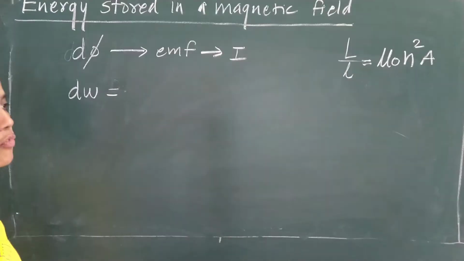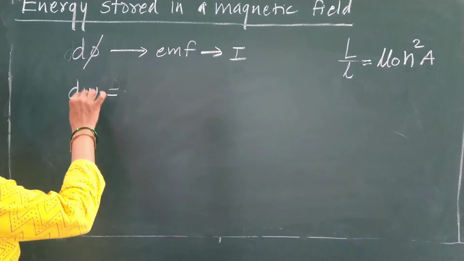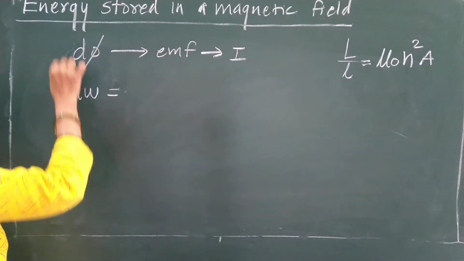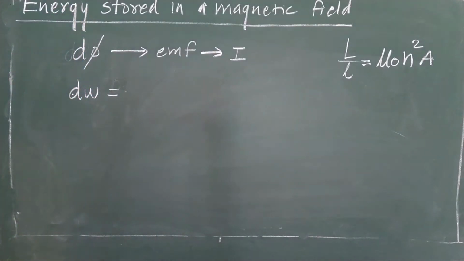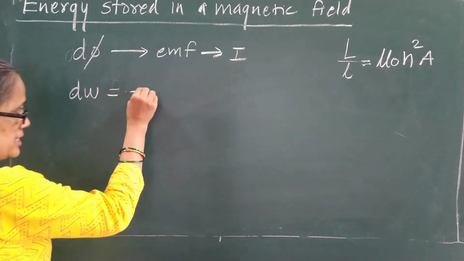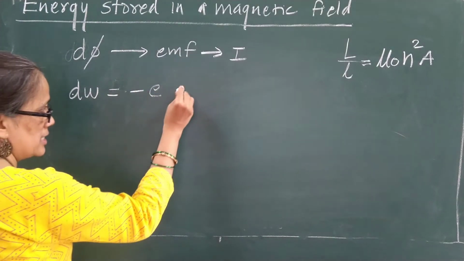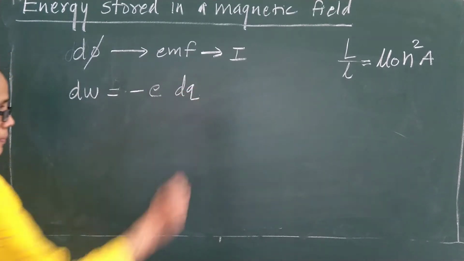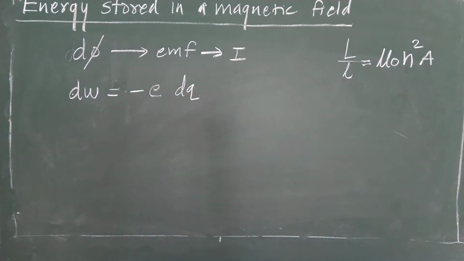So now, the work done is to be stored in the form of energy. For that purpose, we can use the formula of work. That formula of work is dW is equal to minus E into dQ. Now the question might come to your mind, from where does this formula come?